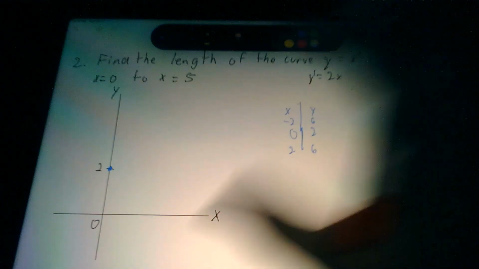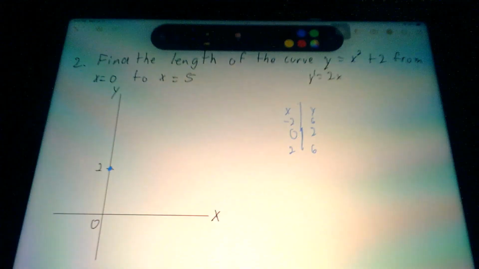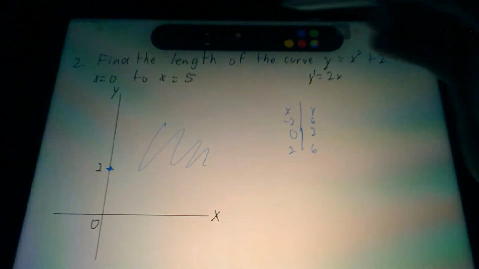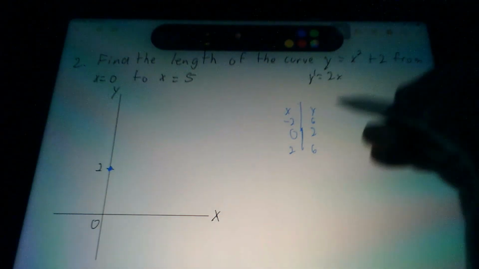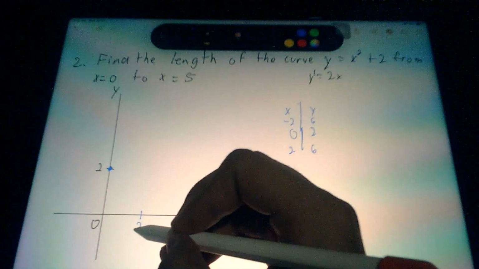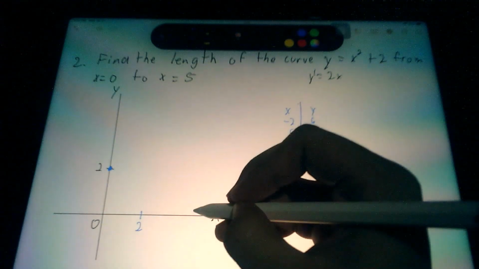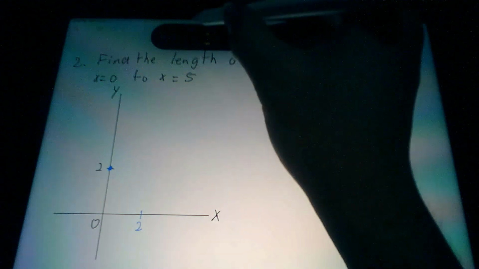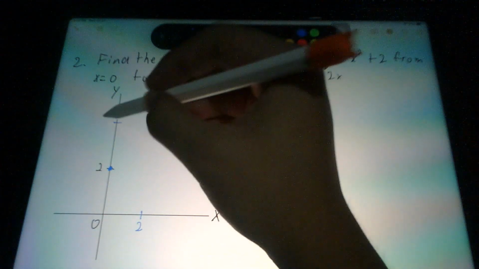We only mind this right side. If x equals 2, y equals 6.